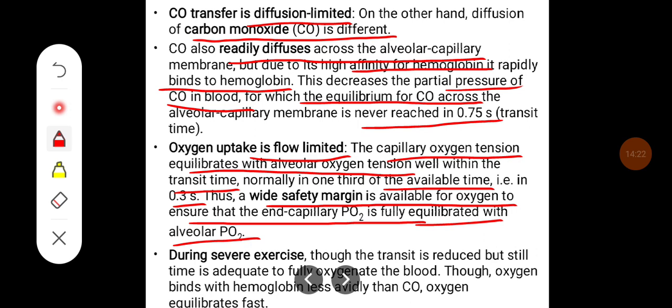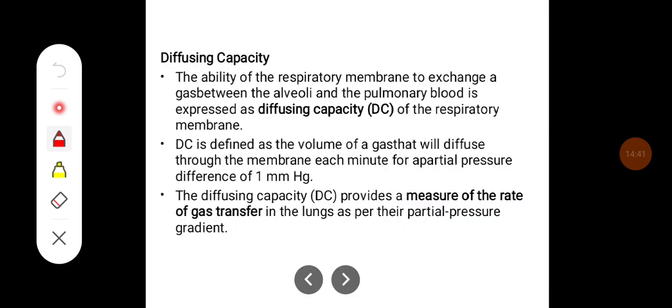During severe exercise, though the transit time is reduced, the time is still adequate to fully oxygenate the blood. Though oxygen binds with hemoglobin less avidly than carbon monoxide, oxygen equilibrates fast.